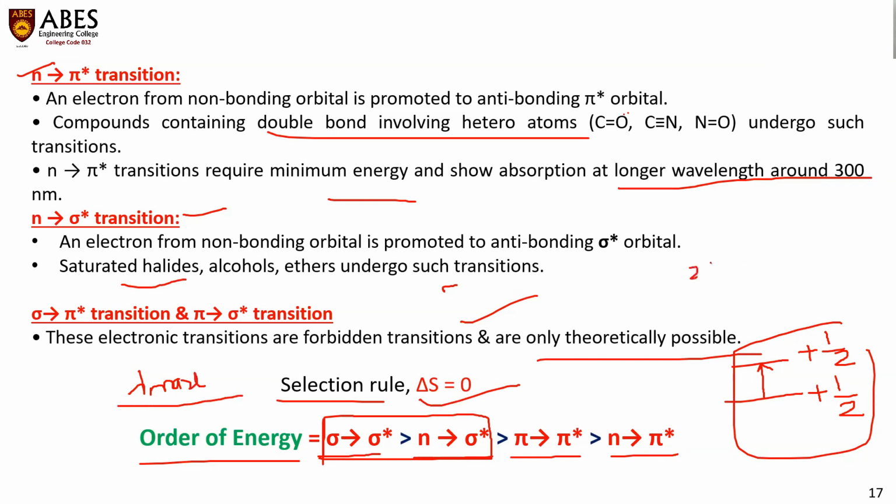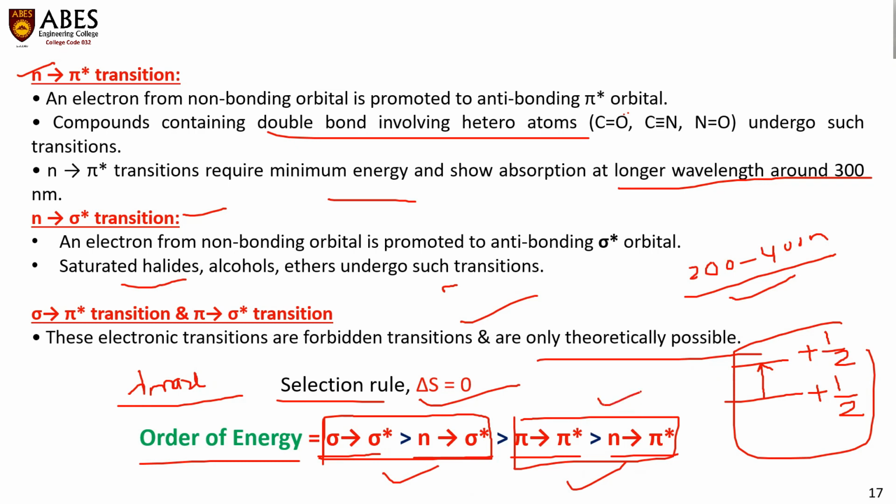We know that the UV region is 200 to 400 nanometer, and these transitions are not observed in this region. Only pi to pi star and n to pi star transitions are observed in the UV region, so all the unsaturated compounds which have pi bonds are known as UV active compounds.